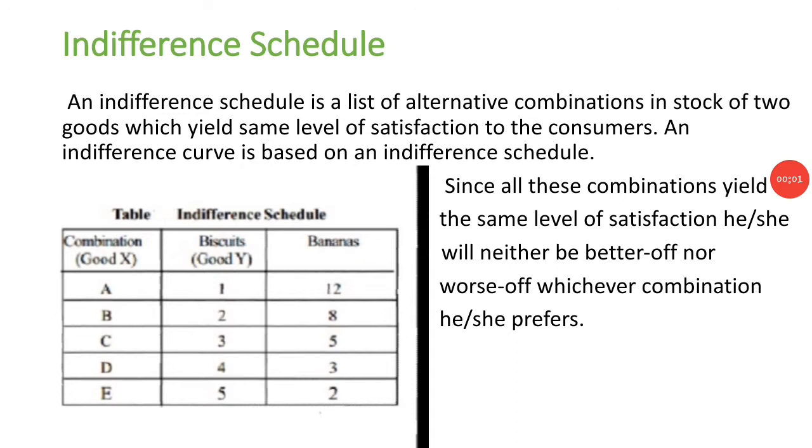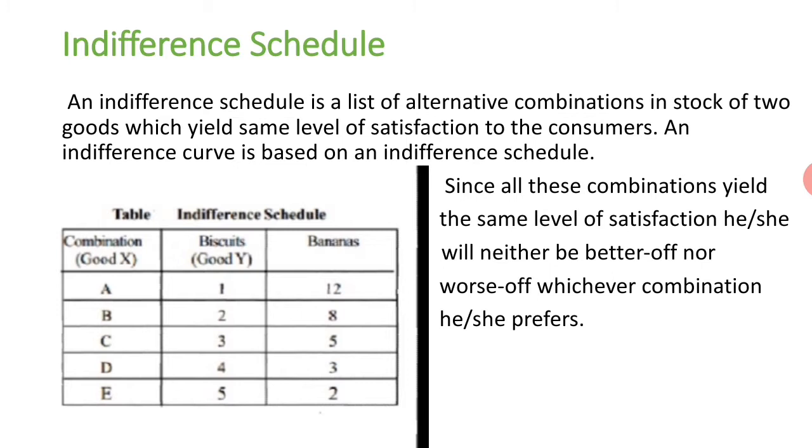So in this indifference schedule, we can see 5 combinations which are A, B, C, D and E. Biscuits represent good X and bananas represent good Y. In combination A, 1 unit of biscuits and 12 units of bananas are consumed. In B, 2 units of biscuits and 8 units of bananas.